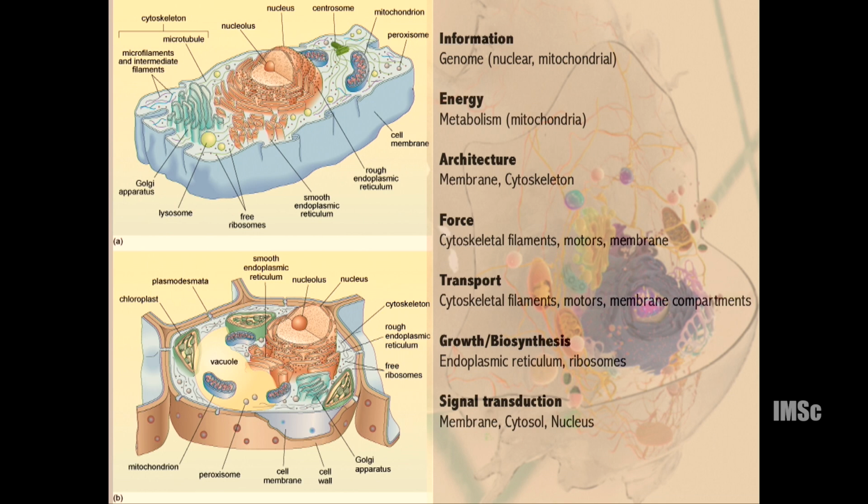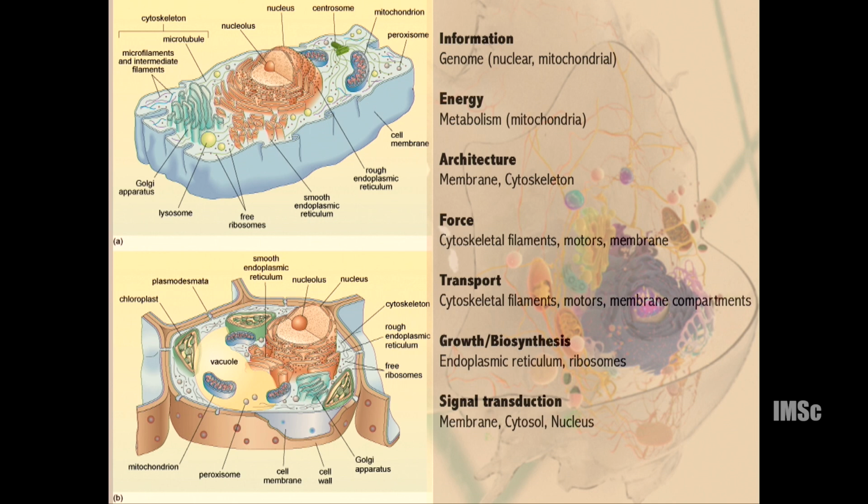Before I get there, I just want to tell you what a cell has. If you think about the various ministries inside a cell, I'd say these are them. Of course, the classical information in a cell comes from the genome, which is present both in the nucleus and in the mitochondria.